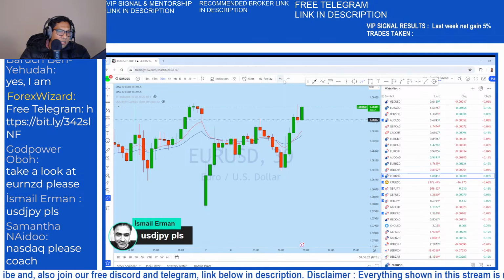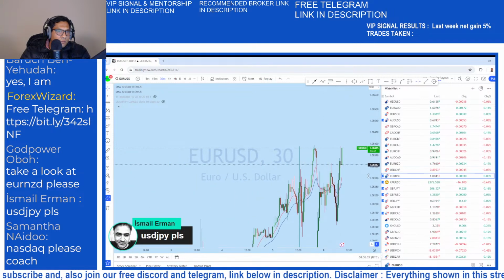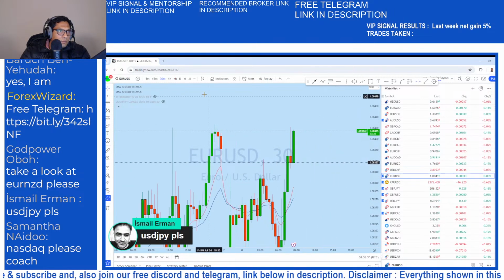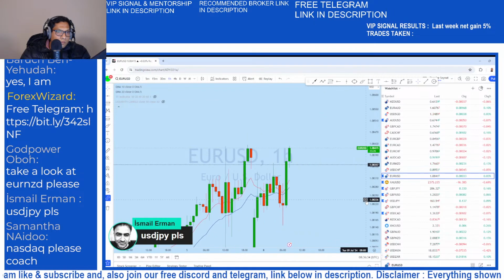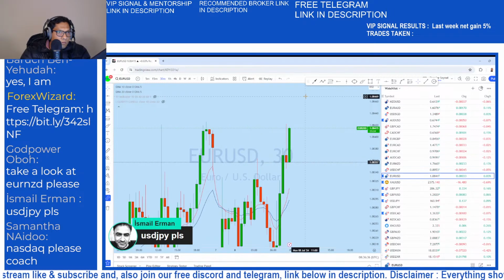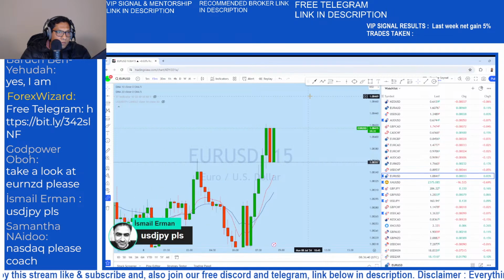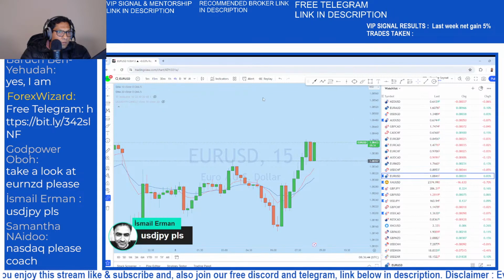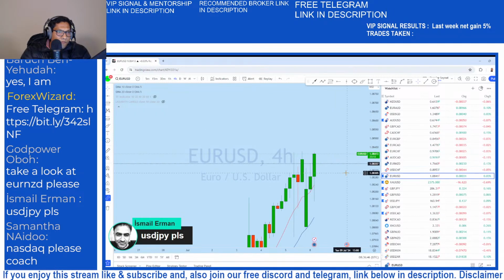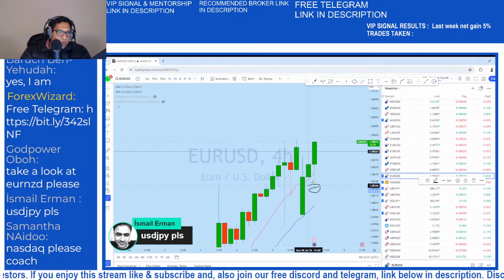We can see the market is trending in that direction. From the 4 hour, again, we see there is a pretty good amount of liquidity candle.